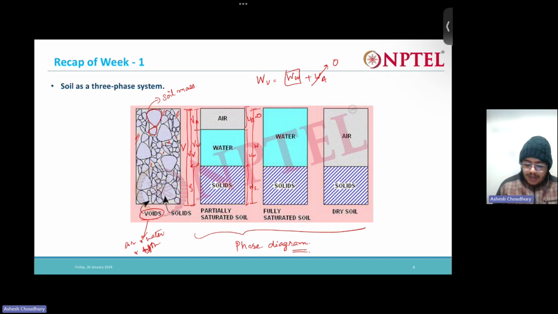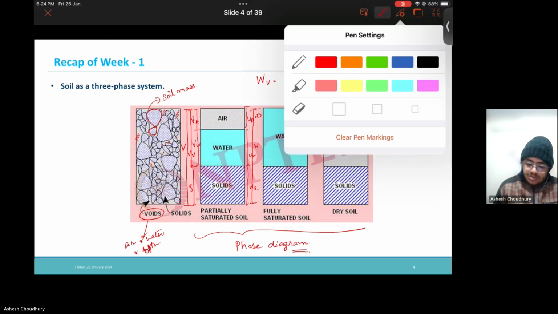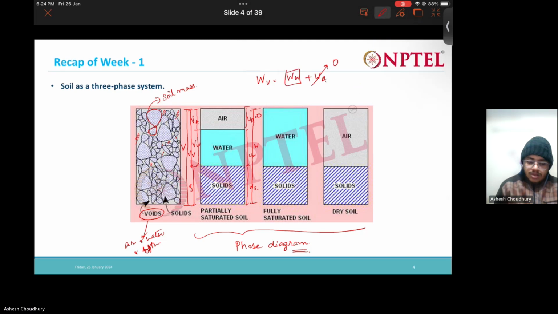Okay. Now we call a soil fully saturated if... So what is the volume of voids? Volume of voids is nothing but volume of water plus volume of air. Right. So if air is not there, if this is zero, the total volume of voids is volume of water.